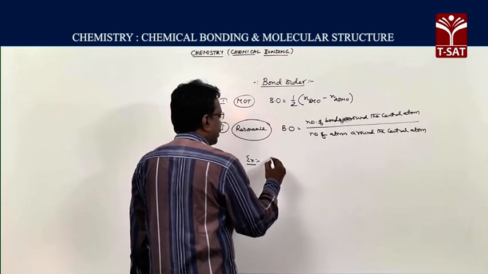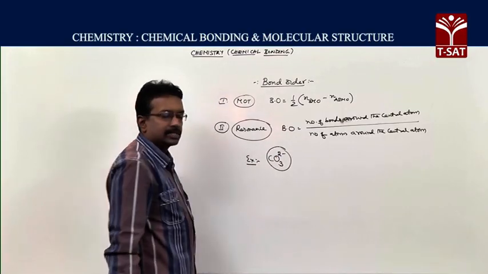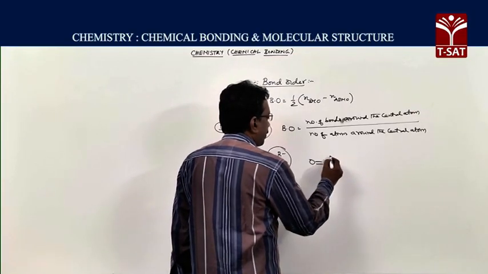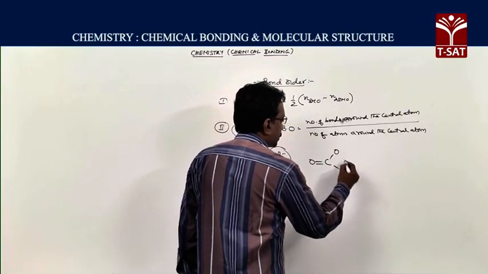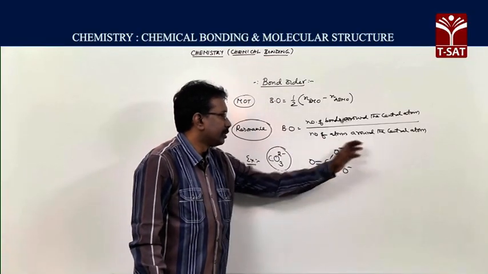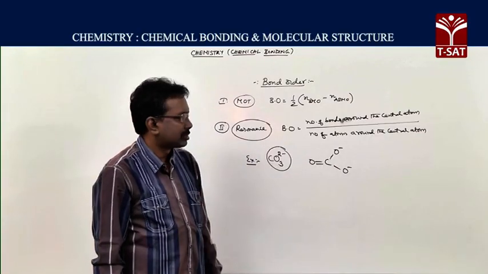I am taking here CO3 2- ion. We call it carbonate ion. In this carbonate ion, this is the structure of carbonate ion. Definitely, it has resonating structures by changing the pi electrons.